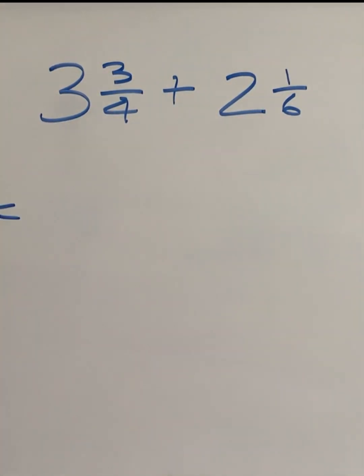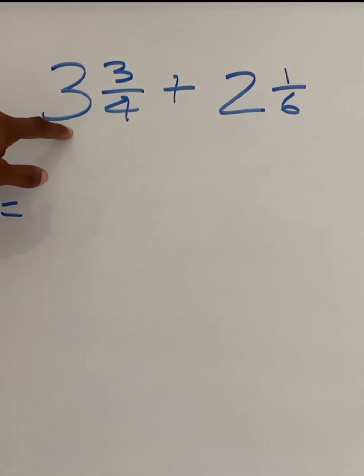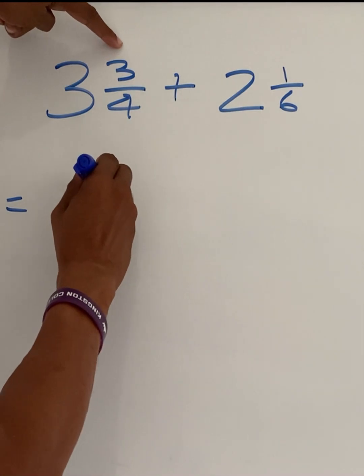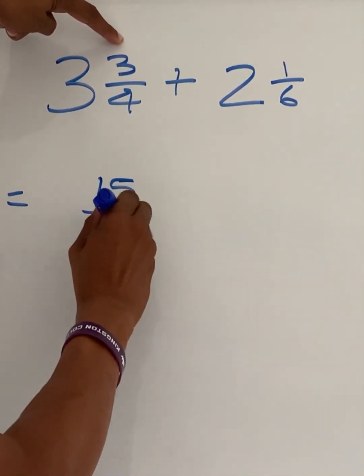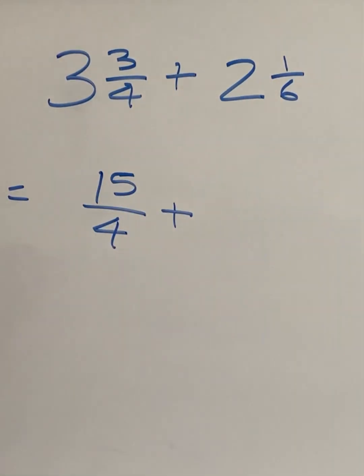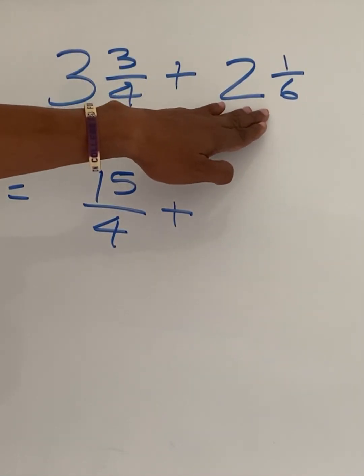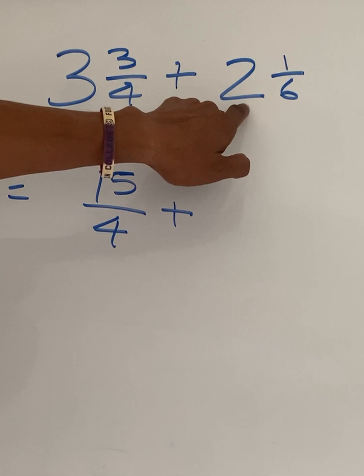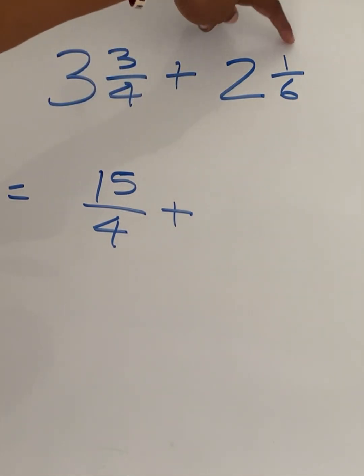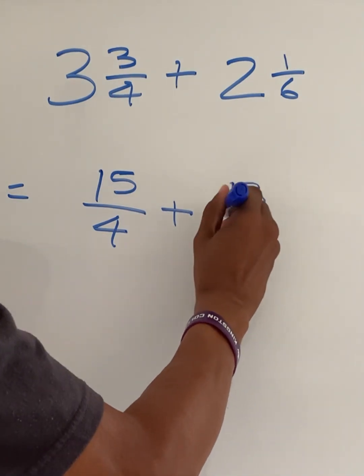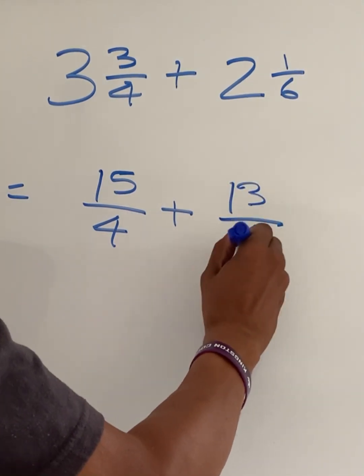First step: 4 times 3 equals 12, plus 3 equals 15 over 4, plus convert 2 1/6 from a mixed number to an improper fraction. 6 times 2 is 12, 12 plus 1 is 13, so 13 over 6.